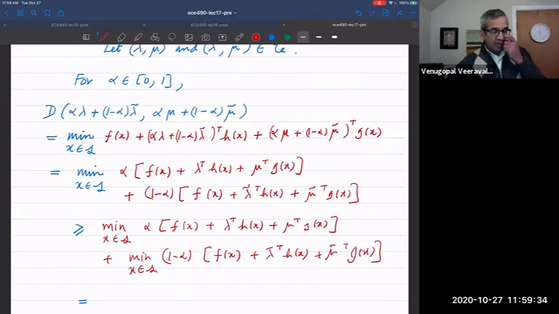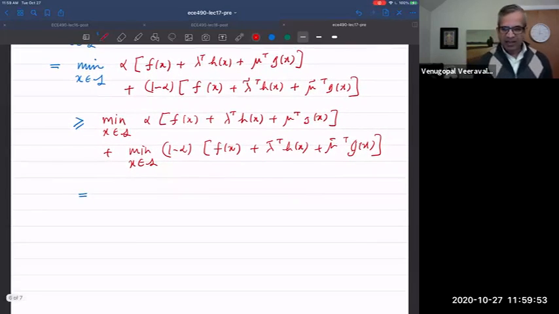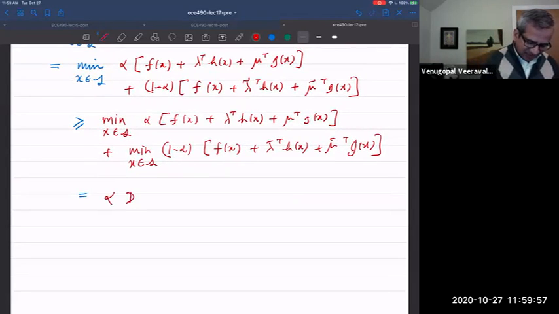So when you look at the sum of the functions, you're going to get something that's larger. Because these two functions can achieve their minima at different points, this is always true. And then if you look at what that is, that's just, by definition, alpha times d(lambda, mu) plus (1 minus alpha) times d(lambda tilde, mu tilde).